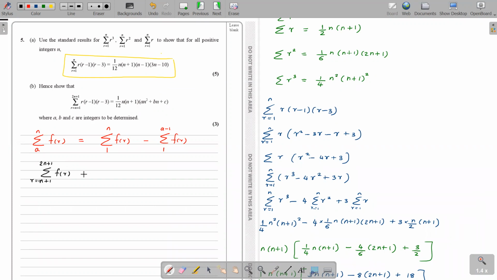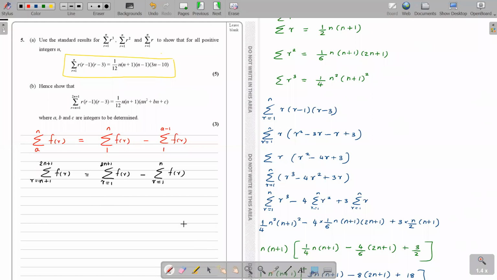So this summation we can take as the summation from r equals 1 to 2n plus 1, because that's the beginning from 1 and we end at 2n plus 1, minus the summation from r equals 1 to where? Now here we start with n plus 1. Therefore, we need to end with 1 before that, isn't it? Here we have n plus 1, and 1 before that is n, f(r).